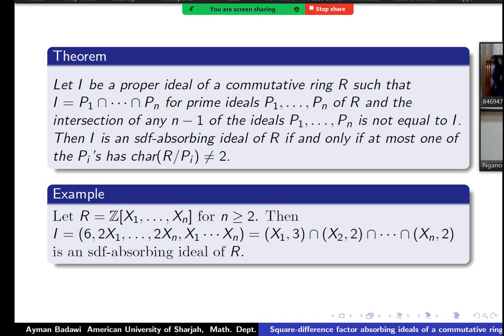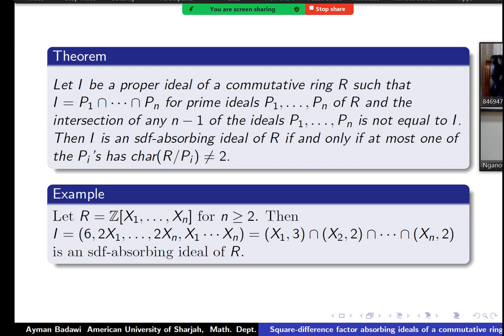Well, I can remove this condition and let I be the intersection of n prime ideals such that the intersection of any n minus 1 of the ideals P_1 to P_n is not equal to I. Then I is SDF if and only if at most one of the P_i has characteristic of R mod P_i not equal to 2.